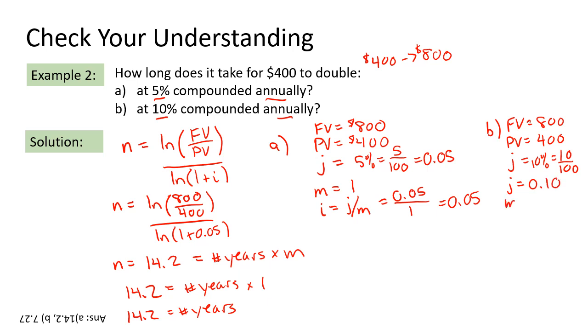Now, our number of compounding periods, again, it's annually, so m is 1. So we can solve for the periodic interest rate I, and that's equal to j divided by m, which is 0.10 divided by 1, or I is just equal to 0.10.